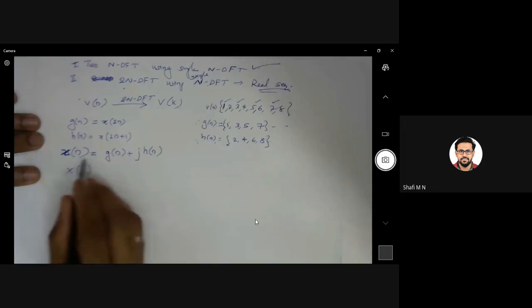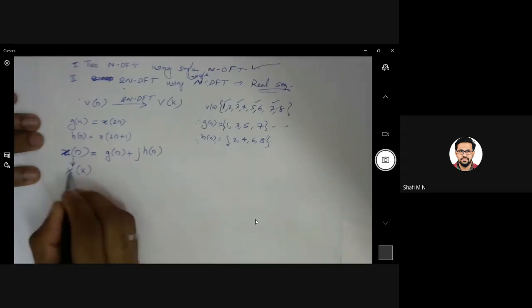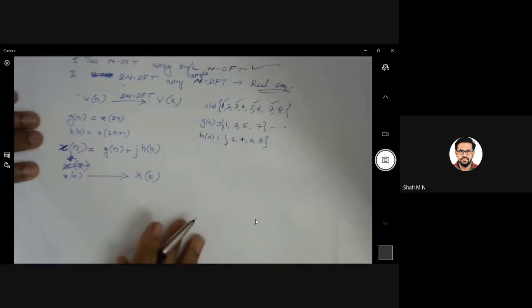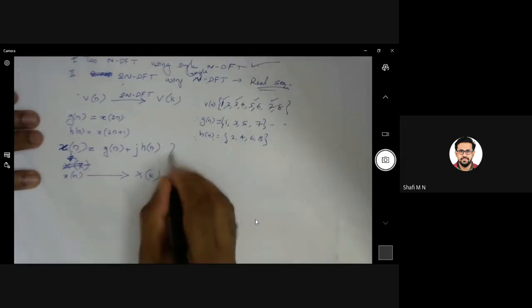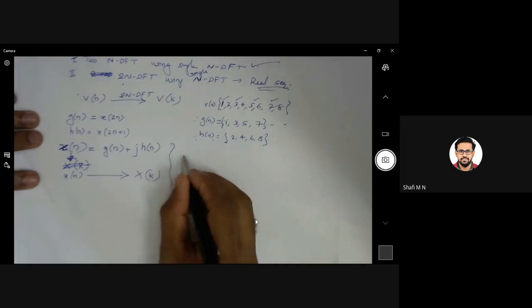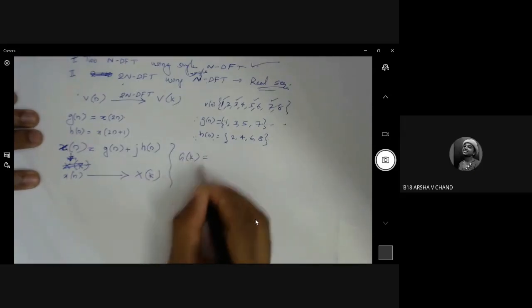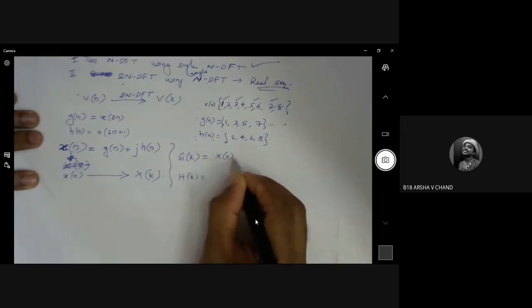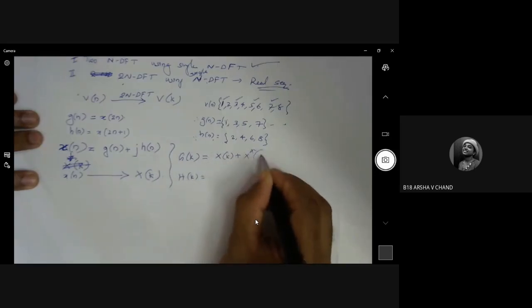Sorry, you can find x of k. That is the next step, right? Using x of n, you can transform it to x of k. So when you have x of k with you, tell me the equations for g of k and h of k. G of k equal to x of k plus x conjugate of (N minus k) by 2.